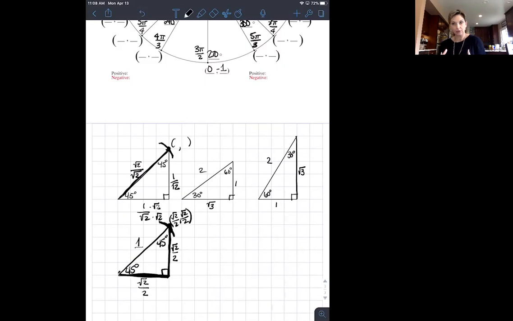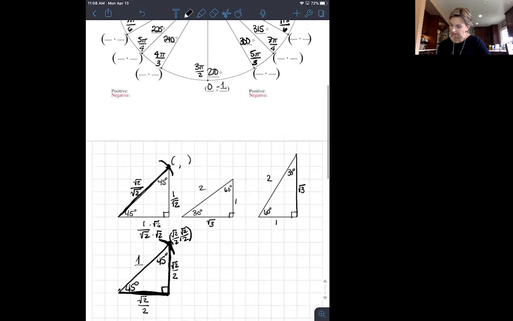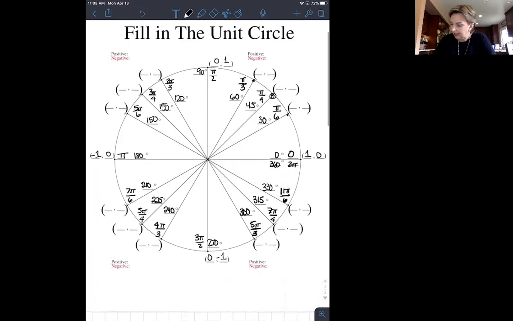And again, I got those by changing that radius, or the hypotenuse, from the square root of 2 to 1. Okay, so now I can come back up to my unit circle, and I can change here my x and my y to the square root of 2 over 2. Okay, so that's my terminal point for 45 degrees. Square root of 2 over 2 and the square root of 2 over 2.